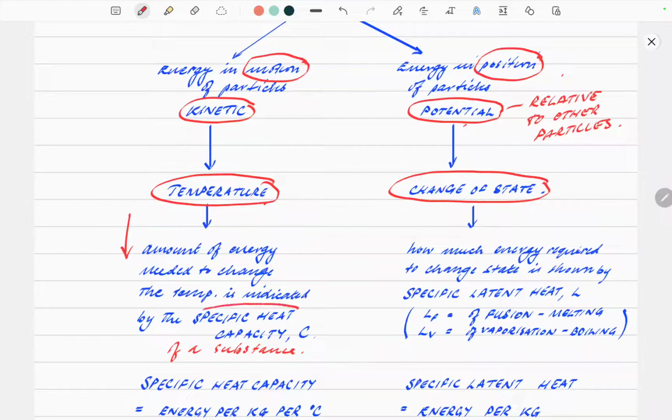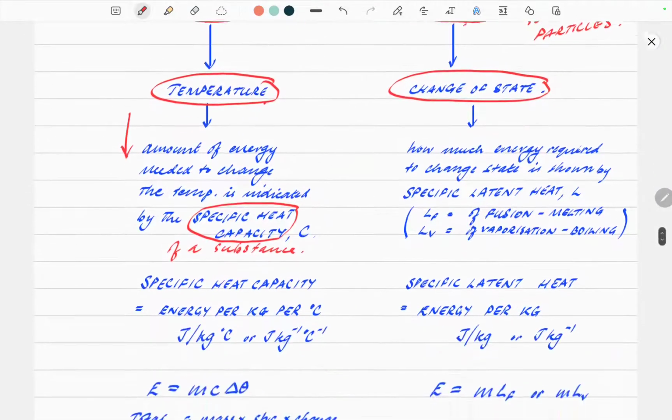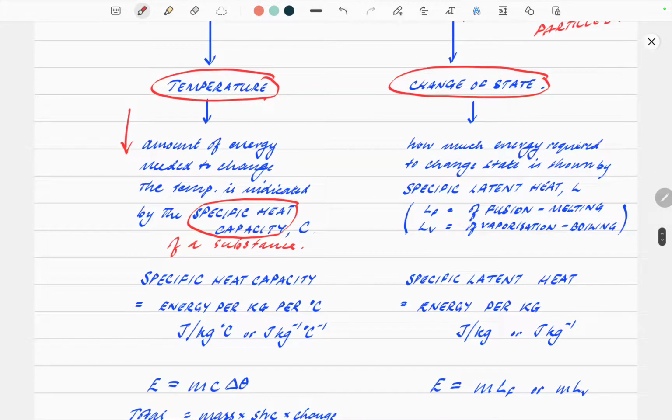Specific heat capacity is defined as the amount of energy needed per kilogram per degree Celsius. So if I have a kilogram of water, how much energy do I need to increase that kilogram of water's temperature by 1 degree?